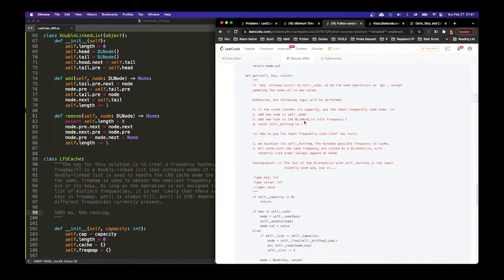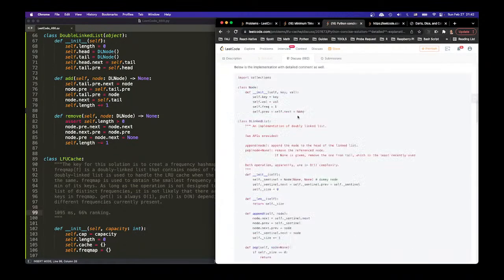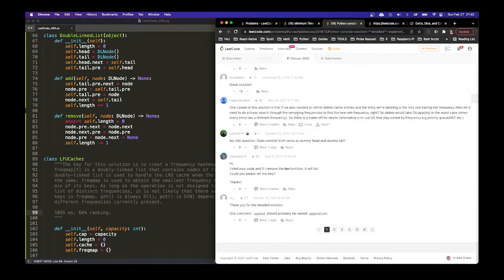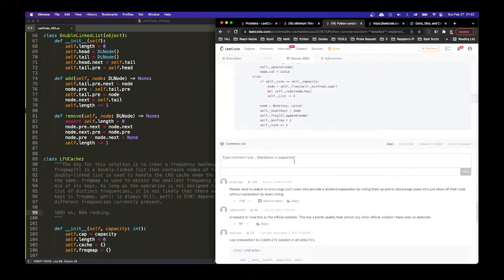That's fine. So if I pop because of a capacity issue, and nothing new is coming in for this frequency, then we add a new one. Oh wow, that was very good. Very smart way to maintain minimum frequency in O(1).